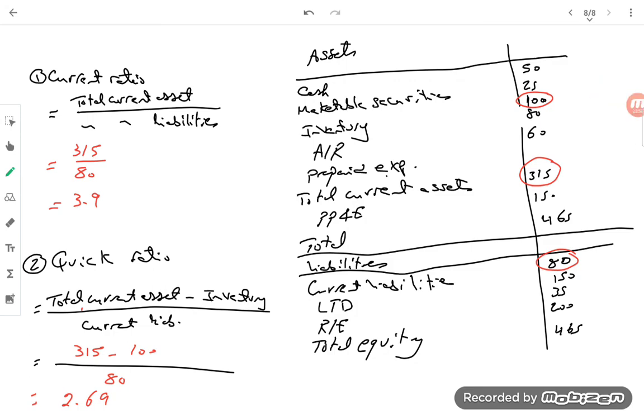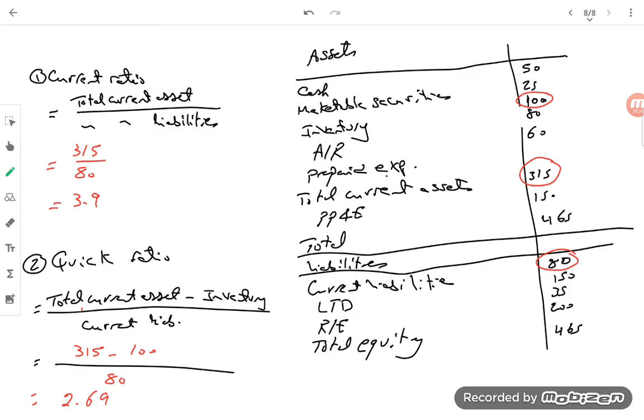So what is the importance of the liquidity ratios? Liquidity ratios help to determine the ability to cover short-term obligations. So the higher the ratio, the better the ability of the firm to meet its obligations.